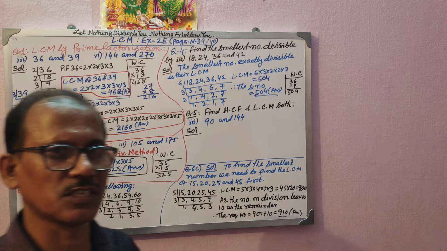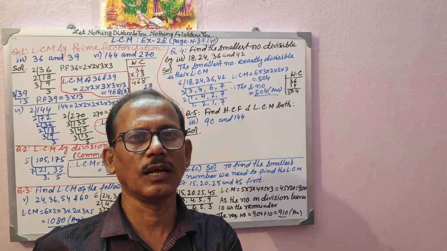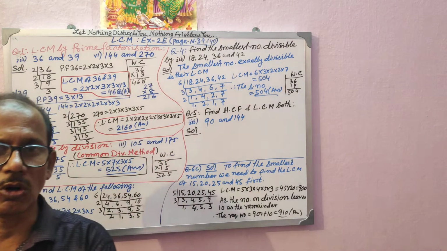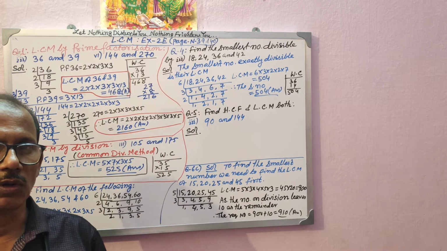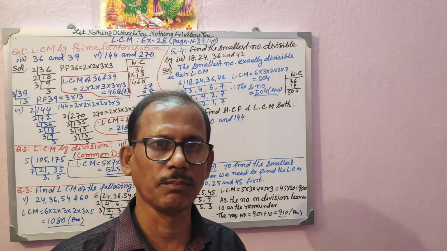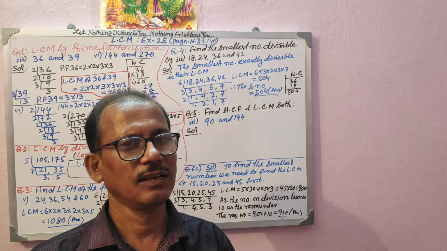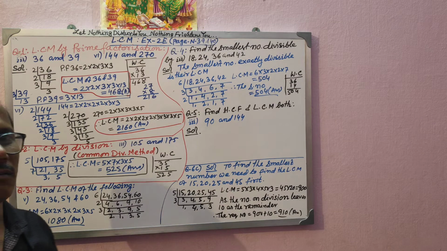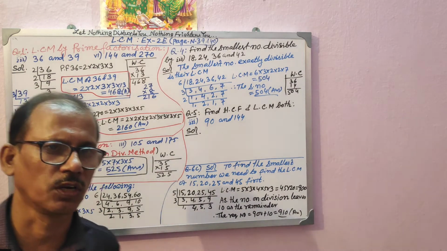For HCF, the product of the common divisors of all the numbers is the HCF. But for LCM, if it is not going into all numbers, we can divide even two numbers by the common divisor; a minimum of two numbers must be divisible, and then we continue. So we learn two procedures: prime factorization and the common division method.